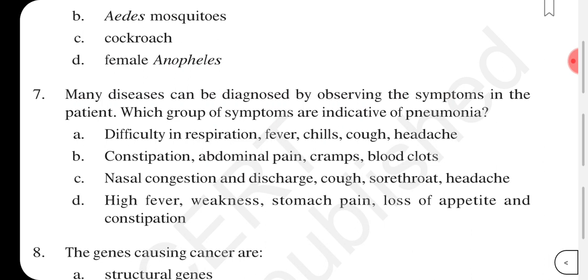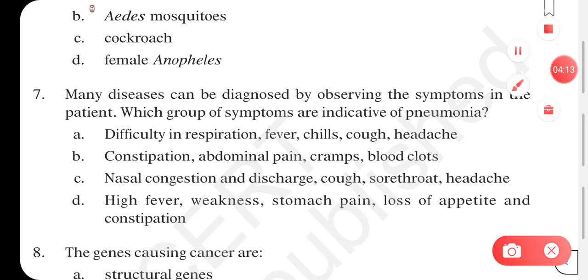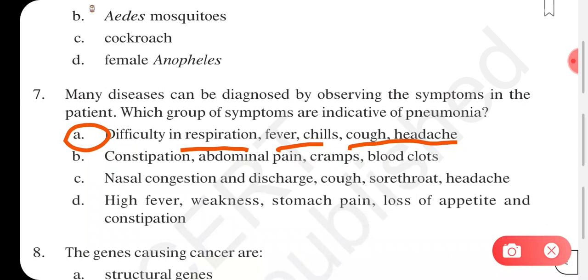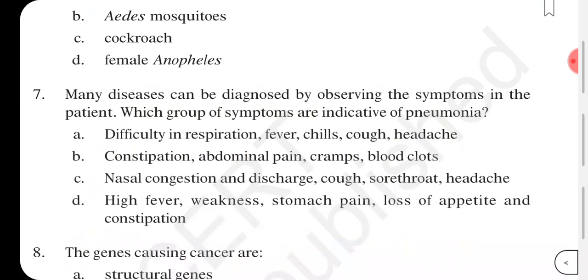In pneumonia, the symptoms observed are given in option A, that is difficulty in respiration, fever, chills, cough and headache.